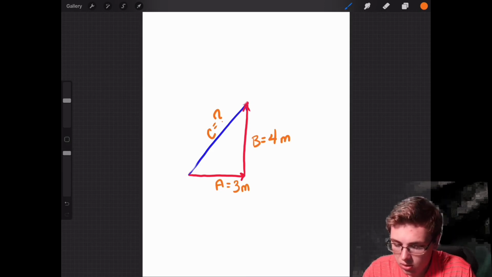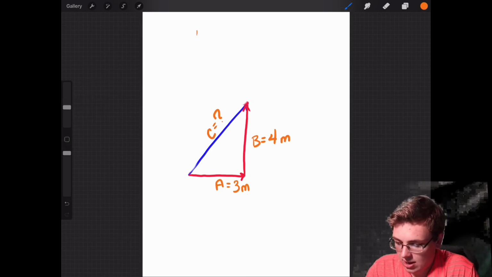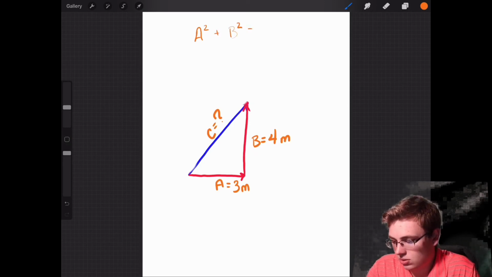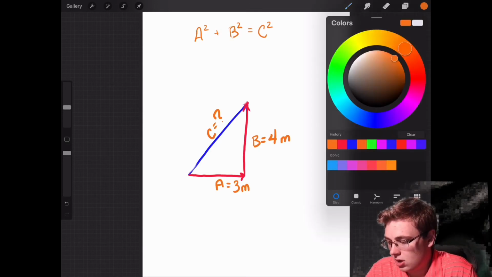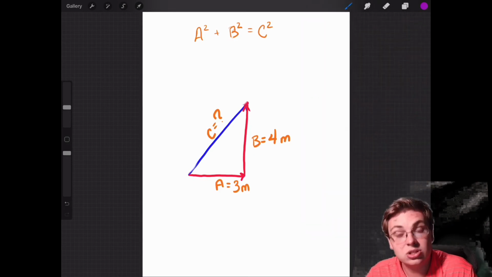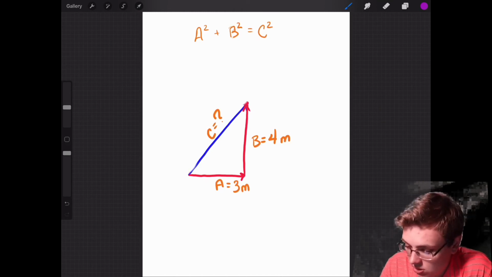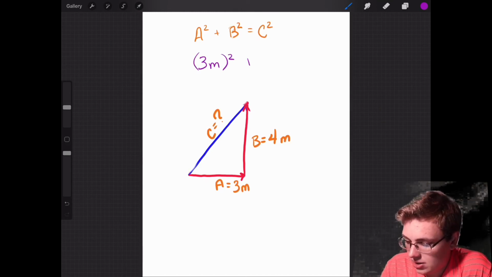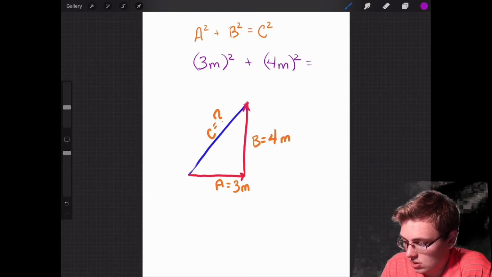Well, we know a squared plus b squared equals c squared. And from that knowledge, a squared plus b squared equals c squared, we know a is 3 meters. So we put 3 meters squared plus 4 meters squared equals c squared.